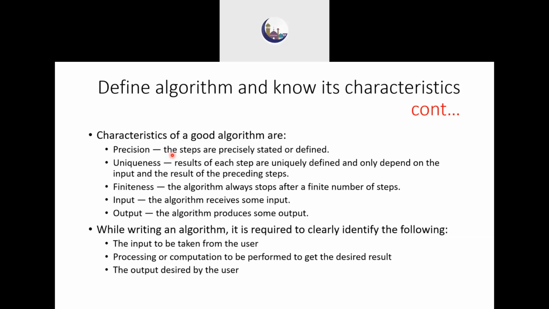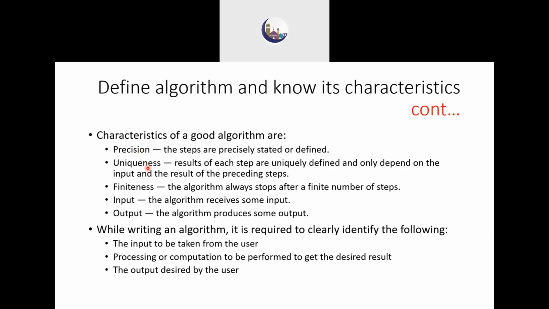But can there be a solution with just 2 steps? If those steps can be precise enough, as small as possible, then that precise algorithm is considered the best one. Is it clear?